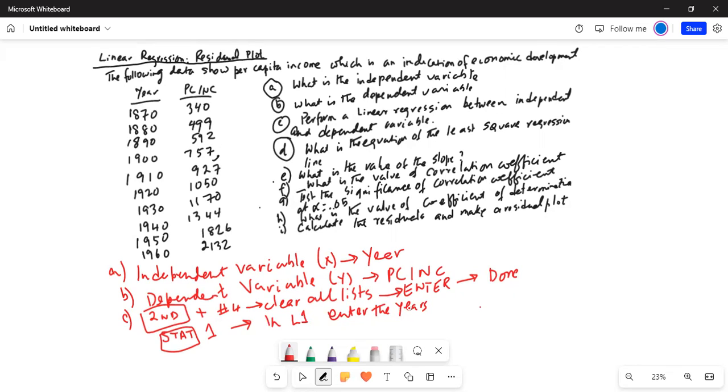Okay. Now we have to move the cursor to the first line in L2. So after entering data in L1, use the right cursor key. This is the right cursor key.